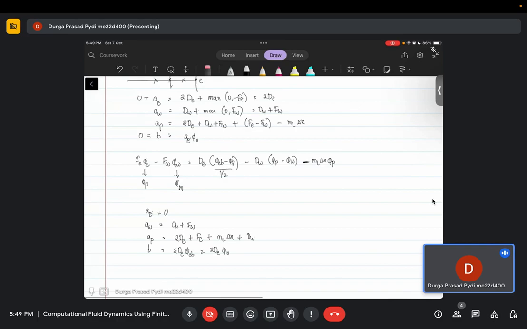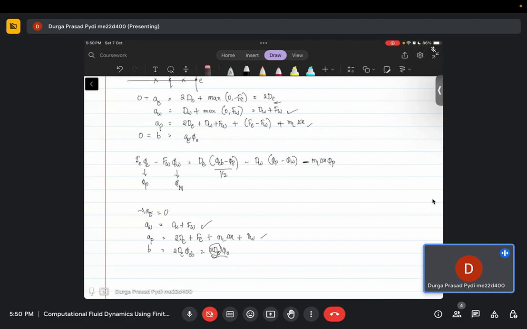If you compare this with the previous ones, your FW gets cancelled, so 2 dE plus dW plus, okay, this should be plus here. So you'll have everything similar. AP is similar, A west is similar, A east will be 0, but we are not doing it that way, so that it is automatically taken care of by your Gauss-Seidel method. So B will be 2 dE times Fe, which is essentially your AE previously, AE times phi 0.